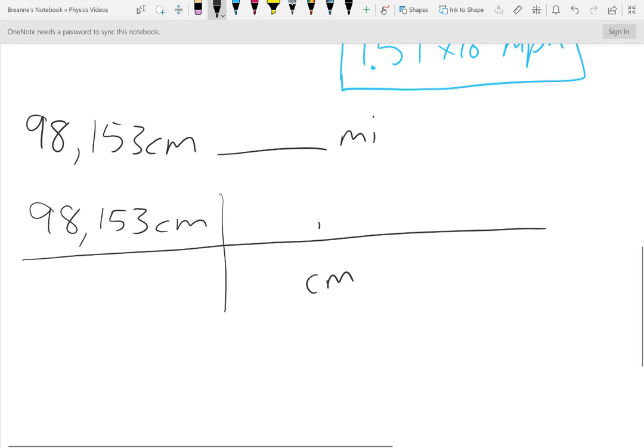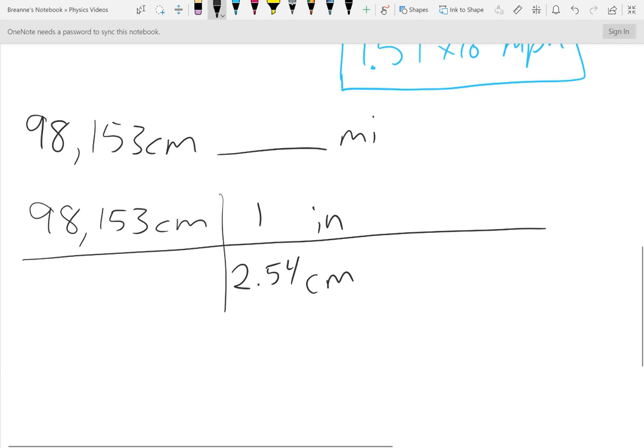So if we look, for 1 inch we have 2.54 centimeters. Now, in theory, you can flip this.